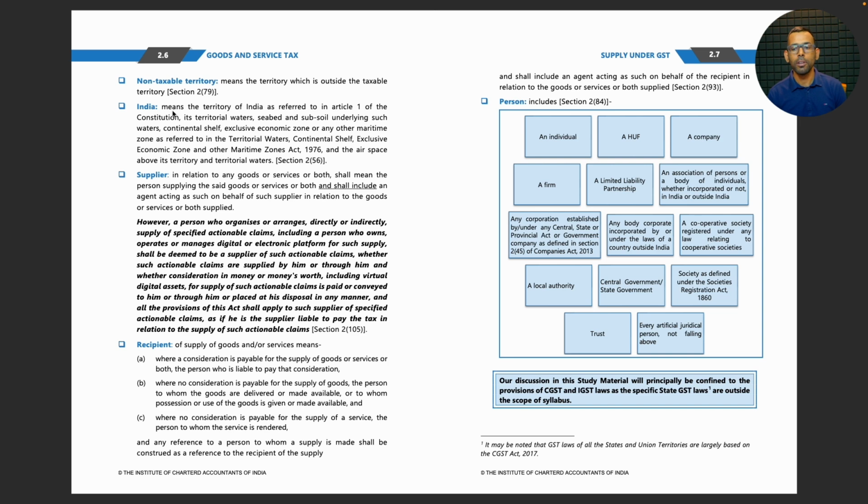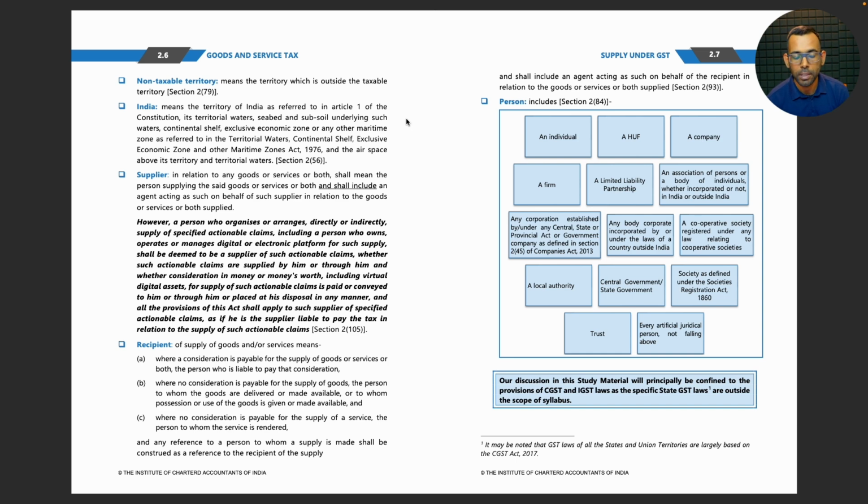Okay, what is the definition of India? India means the territory of India as referred to in Article 1 of the Constitution, its territorial waters, seabed and subsoil underlying such waters, continental shelf, exclusive economic zone or any other maritime zone as referred to in the Territorial Waters, Continental Shelf, Exclusive Economic Zone and other Maritime Zones Act, and the airspace above its territory and territorial waters.